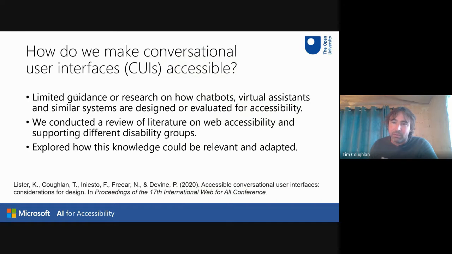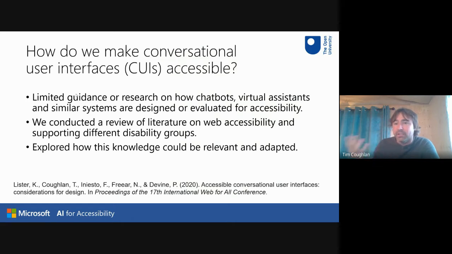So if you think about it, somebody who struggles using a keyboard or doesn't want to be sat at a computer, using a voice-based virtual assistant could be a really positive thing, and there's some discussions around that. But actually designing chatbots to be accessible isn't something that's been discussed very much.